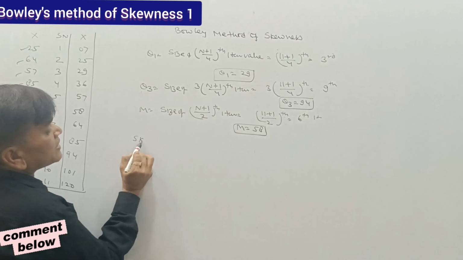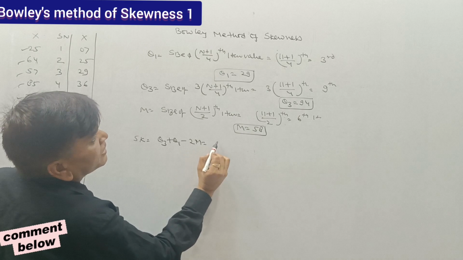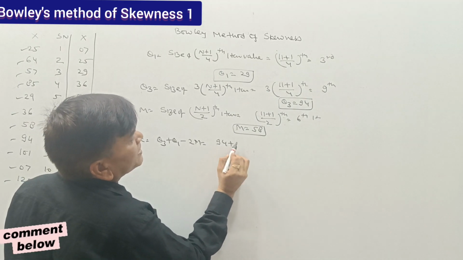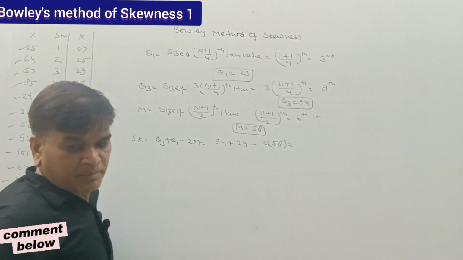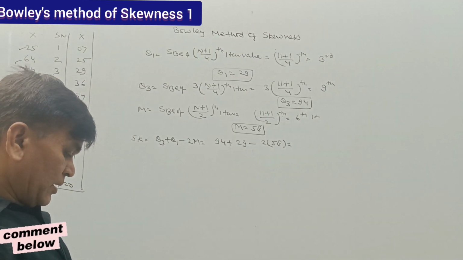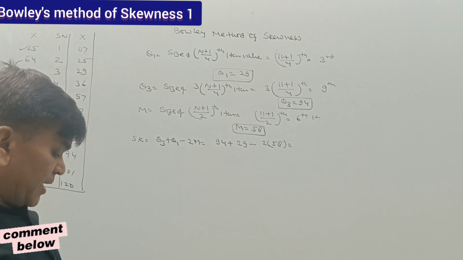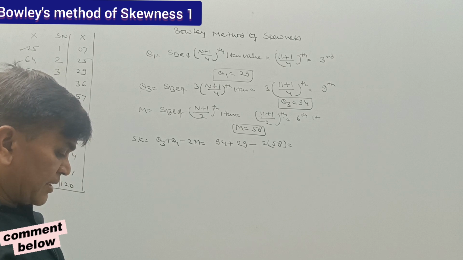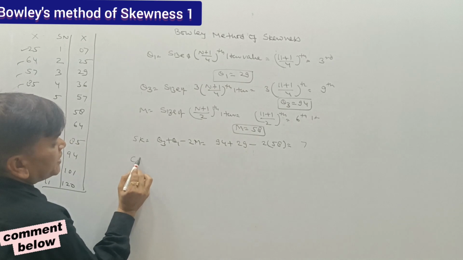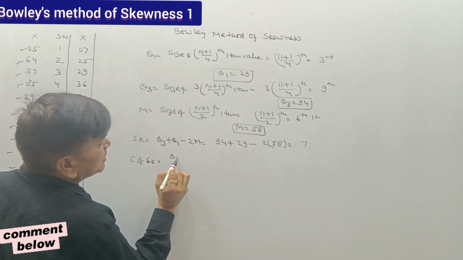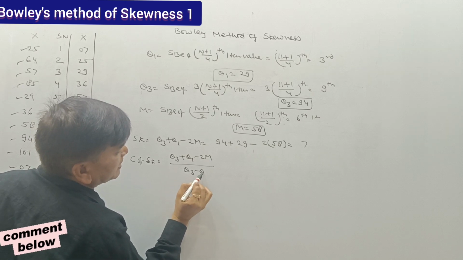So skewness is Q3 plus Q1 minus 2M, that is 94 plus 29 minus 2 multiplied by 58, which is 123 minus 116, that is 7. Coefficient of skewness is Q3 plus Q1 minus 2M divided by Q3 minus Q1.